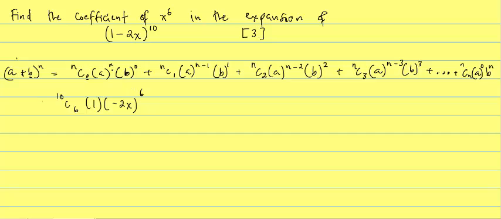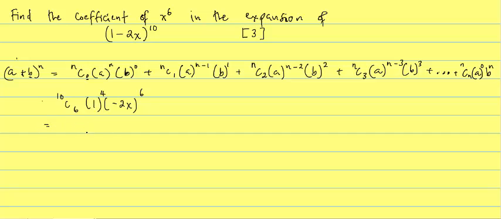Further considerations show that the sum of the two powers has got to equal n, so n plus 0 is equal to n, and n minus 1 plus 1 is equal to n. So in this case we want this 6 plus the power of a to give us n, and our n in this case is equal to 10. So the value that needs to be inserted here is going to be equal to 4.